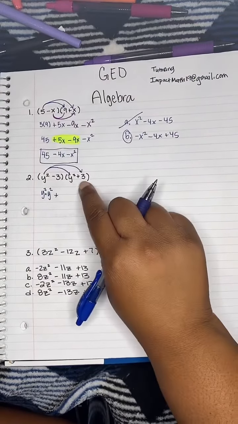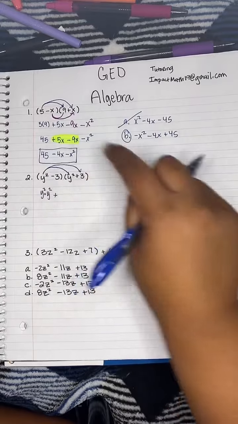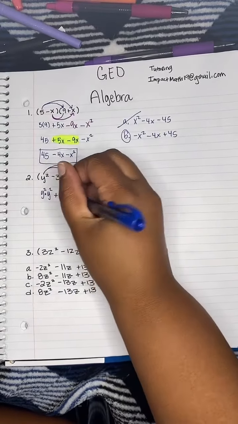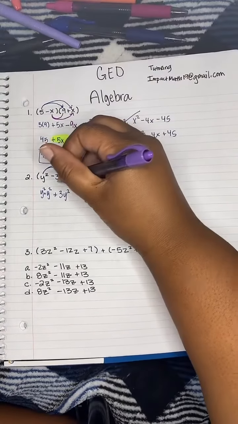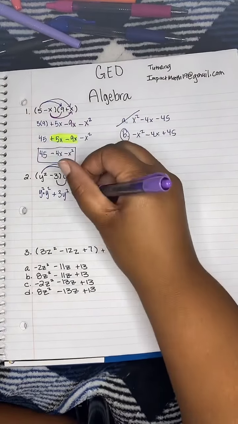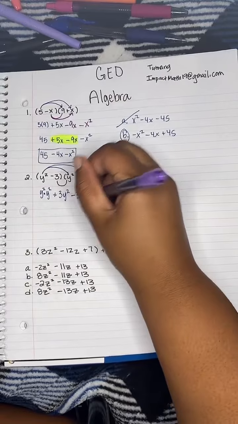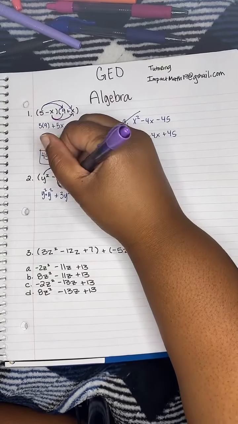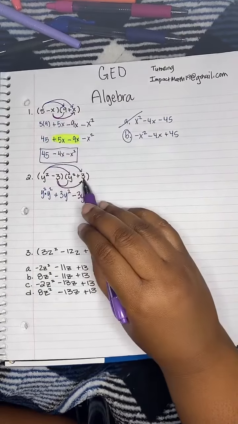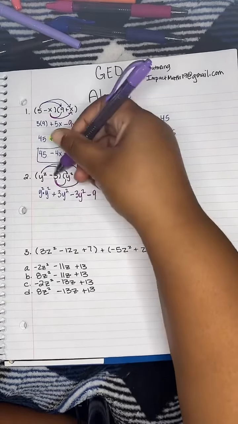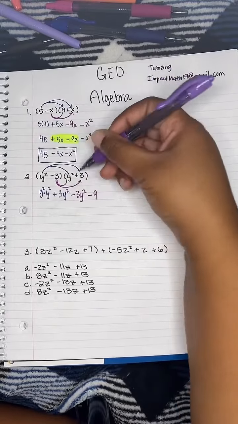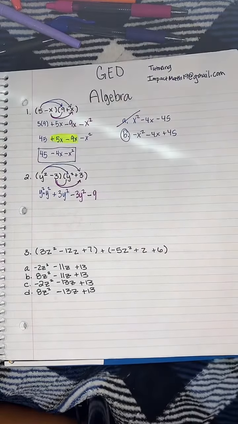Remember, whenever you have a number and a variable, a letter, you just put them together, so it's 3y squared. And then we're going to go underneath. Negative 3 times y squared is negative 3y squared. And then negative 3 times a positive 3, well, it's a negative 9. Don't put 6. Remember, we're multiplying, so 3 times 3 is 9.